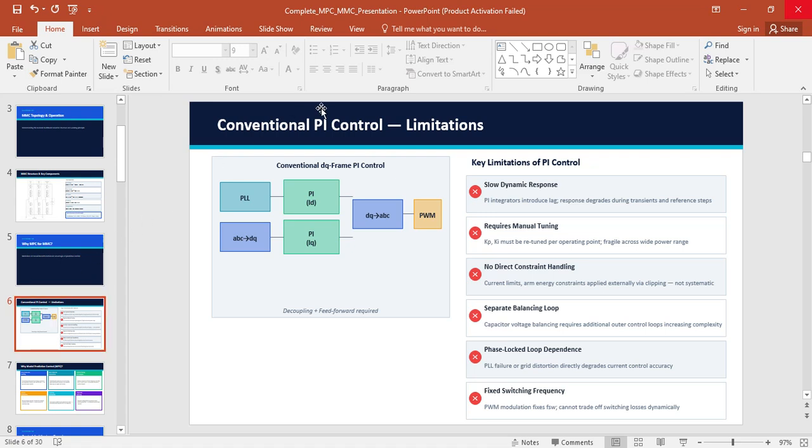Now, the limitations of this PI control are, first, slow dynamic response. Yes, the PI integrator introduces a lag, and responses degrade during transients and reference steps. So due to the integrator, there is a lag.